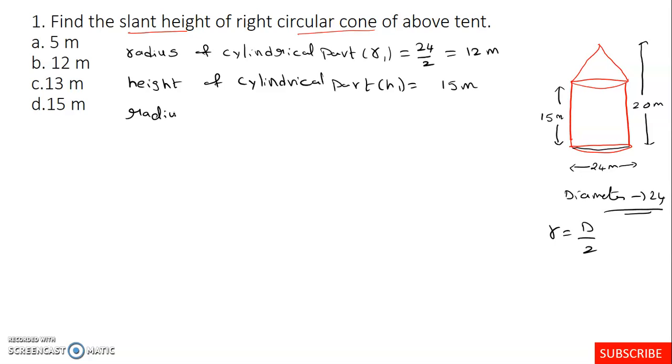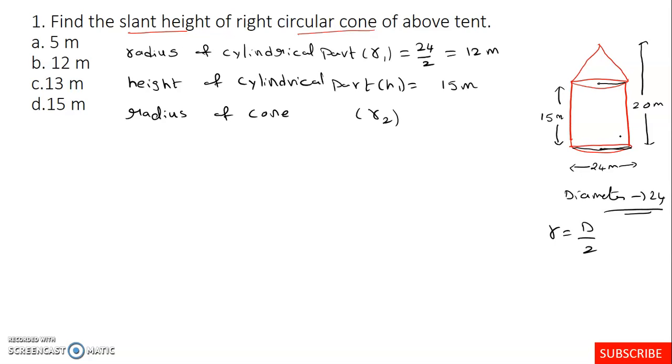You should write the radius of the cone. Name this R2. Observe the diagram. The radius of the cone and the radius of the cylinder are both the same.